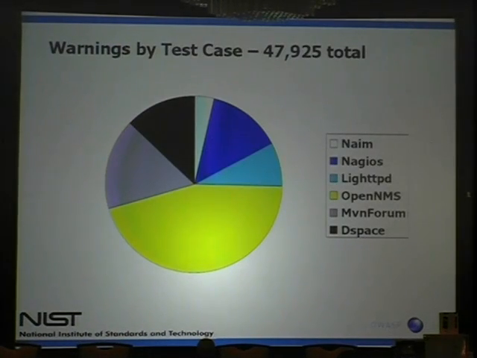So now, this is the division of warnings by test case. And one thing to note is that this very big part at the bottom is for OpenNMS. This skews, this biases the results of any analysis that we do because of so many warnings there.